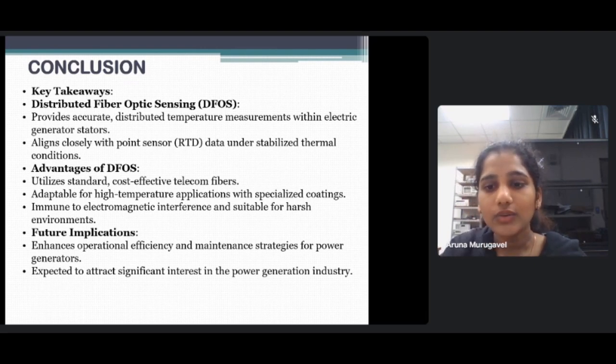The conclusion of this is that fiber optic sensors offer a superior alternative to RTDs, improving real-time comprehensive temperature monitoring. Their reliable results are particularly advantageous under dynamic operating conditions.